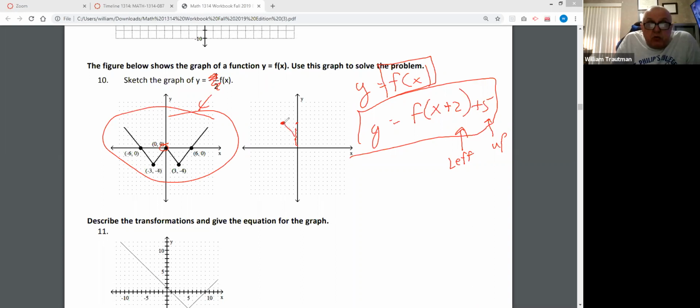And then you can draw your W. Each point goes up 5 and then over 2.